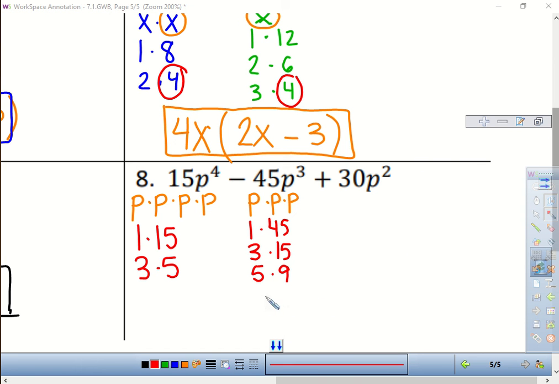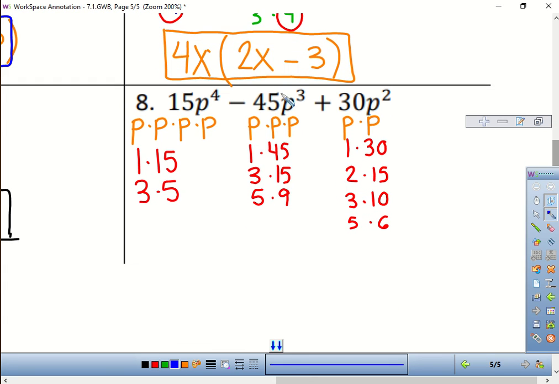And then we have, I think that's it, right, for 45? I think so. Yep. And then we're going to do the last one, 30p squared, so that's going to be p times p. And then we have 1 times 30, 2 times 15, 3 times 10, and 5 times 6.